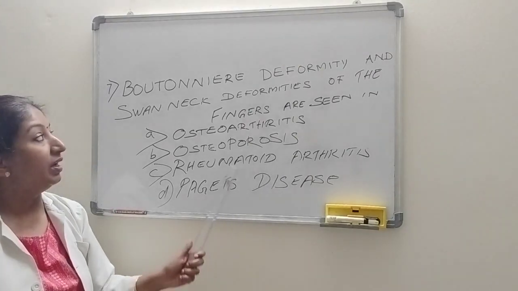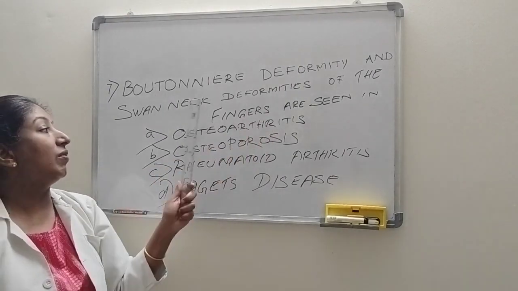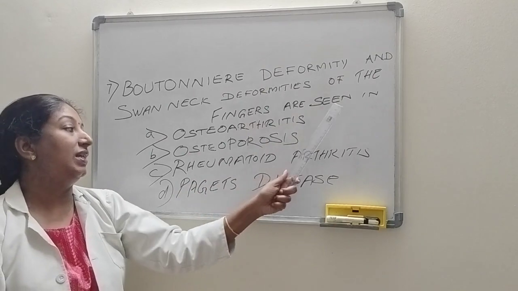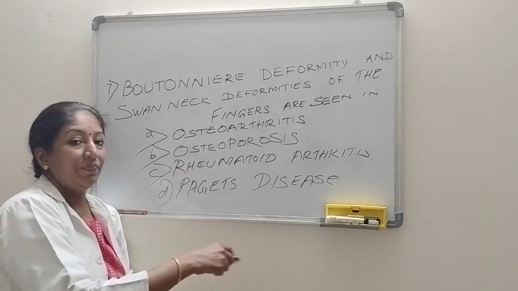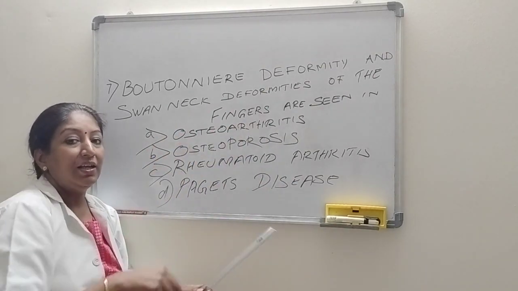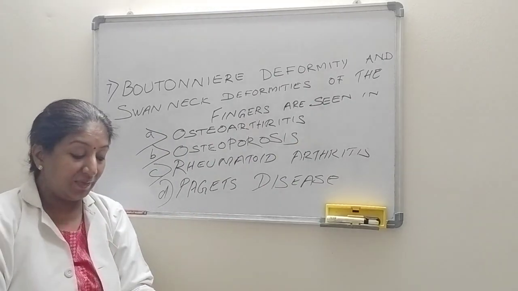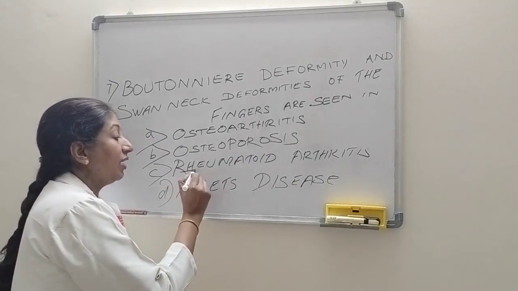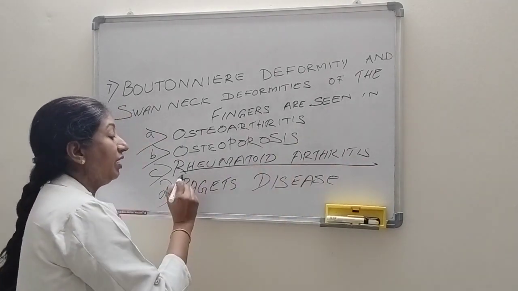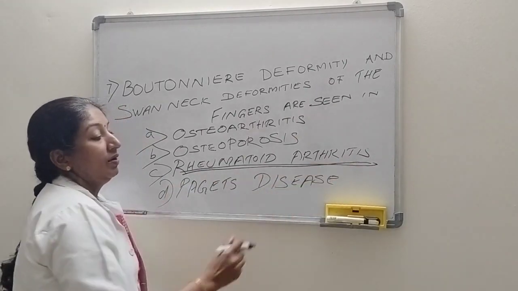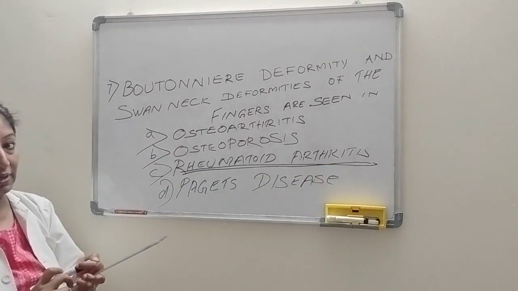Okay. So the Buchner deformity and Swan deformities of the fingers are seen in which condition? Anyone can tell? It happens in rheumatoid arthritis.